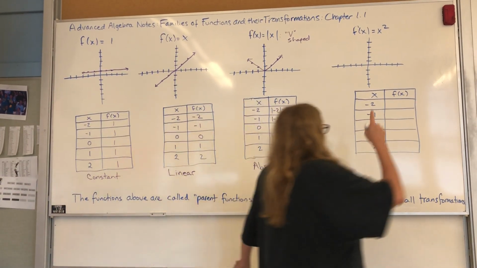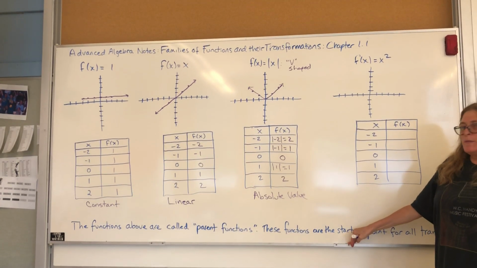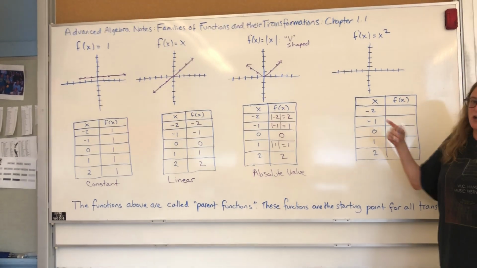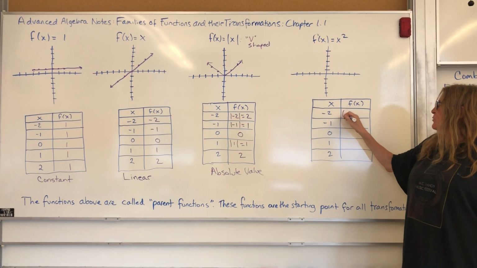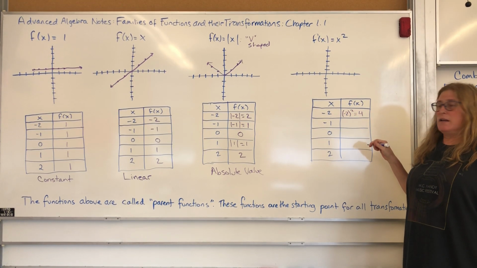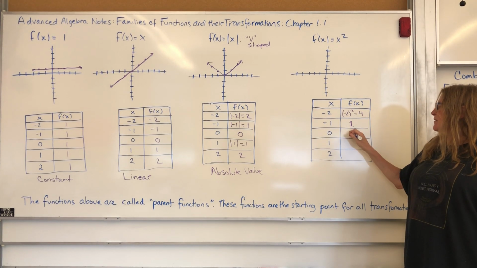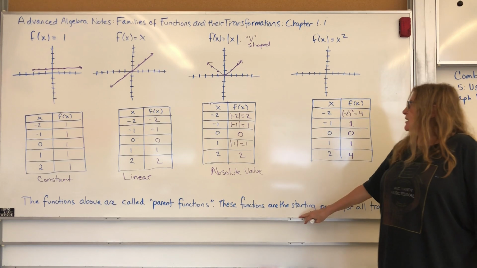Okay, the last one is f of x equals x squared. You may have remembered you finished Algebra 1 with this. I know geometry was in between, so you may not remember. But if I plug negative 2 in and I square it, I get a positive 4. If I put negative 1 in and square it, I get a positive 1. Let's see what that's going to look like.